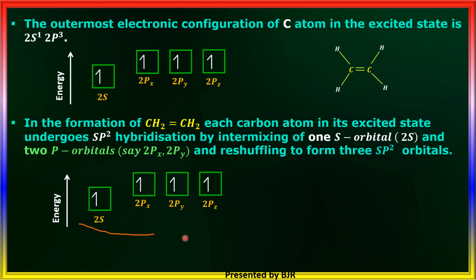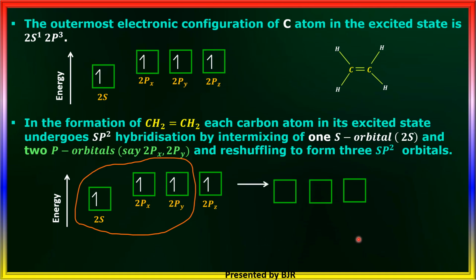That is, there is an intermixing of 2s, 2px and 2py orbitals and redistribute into three identical orbitals called sp2 hybrid orbitals.